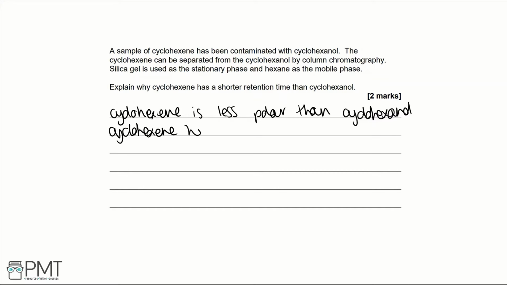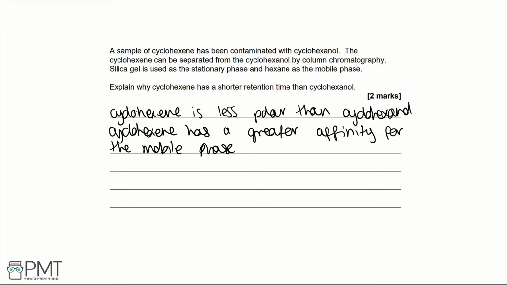Then we need to address the question. So why does cyclohexene have a shorter retention time than cyclohexanol? And that's because cyclohexene has a greater affinity for the mobile phase, which is hexane. So if it's got a greater affinity for the mobile phase, it's going to move very quickly through the column chromatography. To get the 2 marks for this question, you get 1 mark for talking about the polarity and saying that cyclohexene is less polar than cyclohexanol.